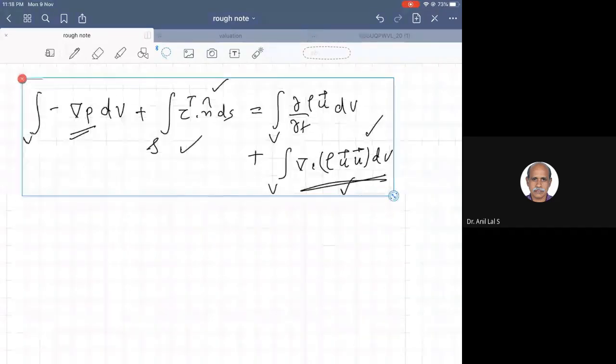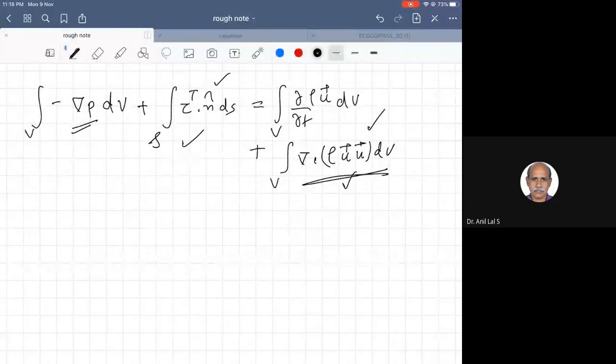Okay. So now we can change this also by the Gauss divergence theorem.